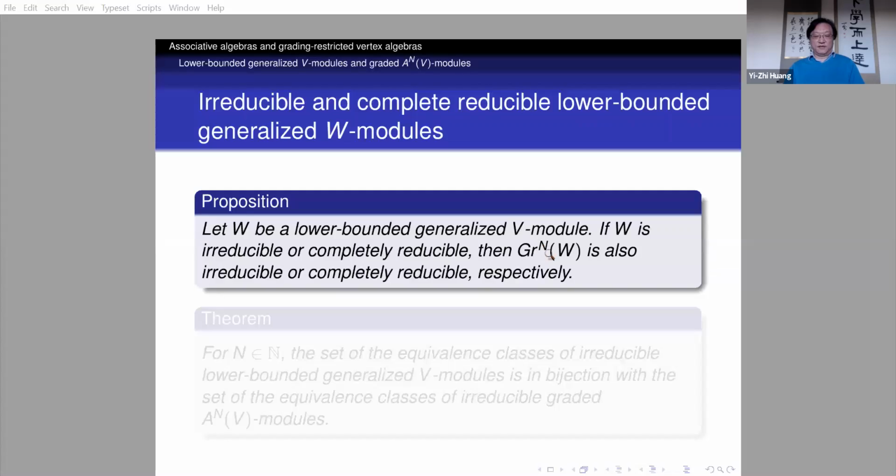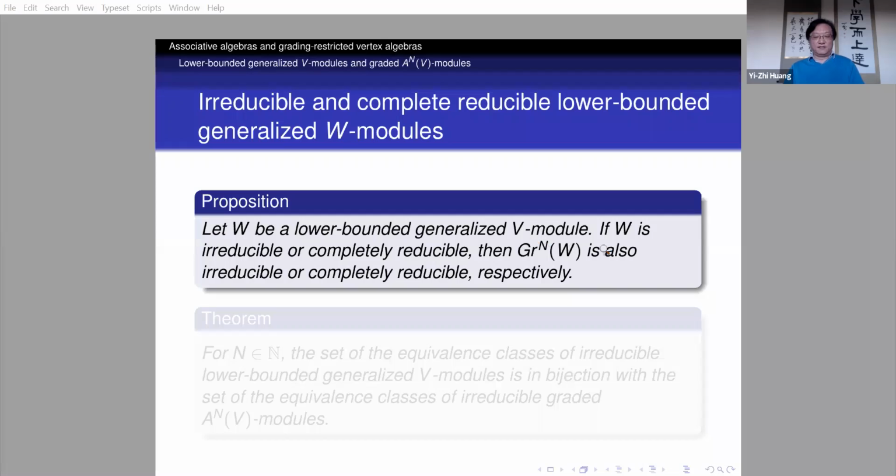So we take this subspace, which is A_N(V), an A_N(V)-module. This I already discussed. So if W is irreducible or completely reducible, then this A_N(V)-module is also irreducible or completely reducible, respectively. So this direction does not need any additional conditions.